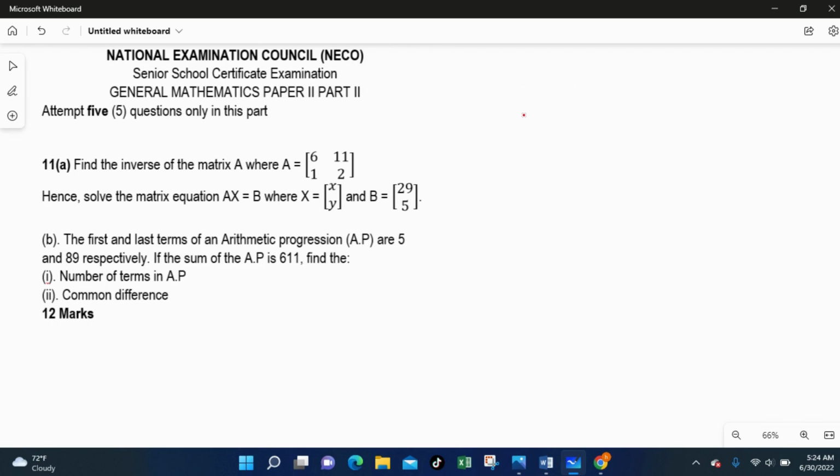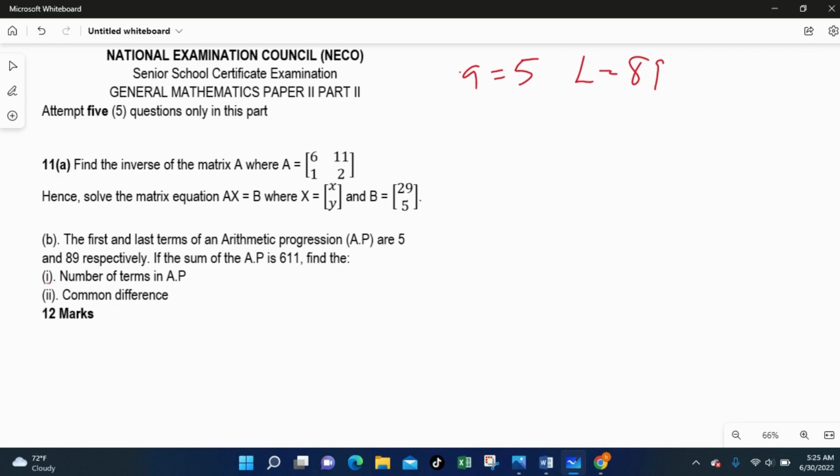So the first thing that should come to your mind is to look for the sum of an arithmetic progression. Write out the parameters you are given. In this question, we are given that the first term of the arithmetic progression, a, is equal to 5, and the last term is equal to 89.